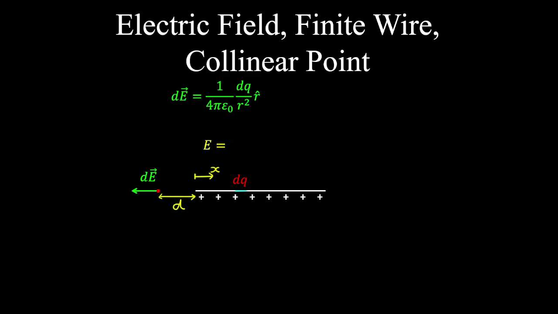So what we have is the electric field in the horizontal direction is 1 on 4 pi epsilon naught, and our integral is as follows. So in this case our differential charge is the linear charge density by dx, and our radial distance from this differential charge to this point that's collinear with the wire is x plus d.